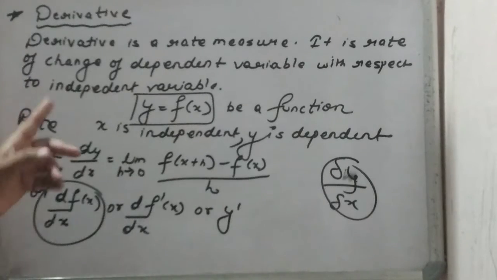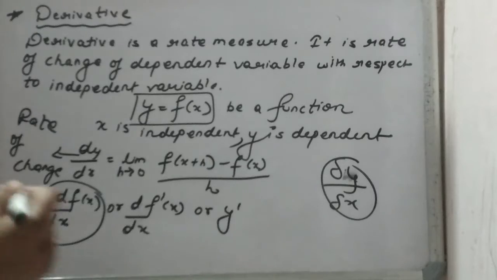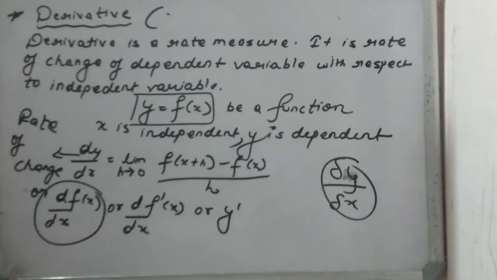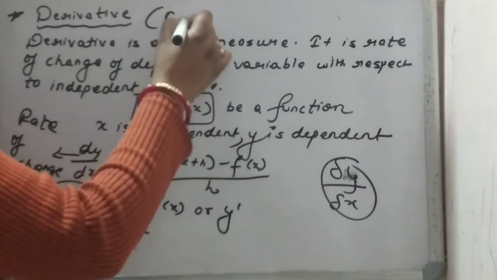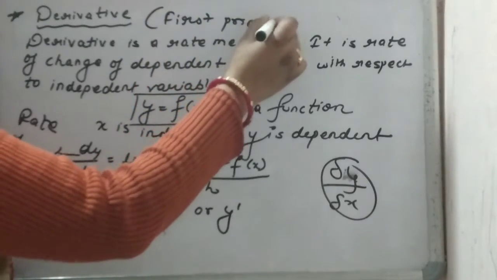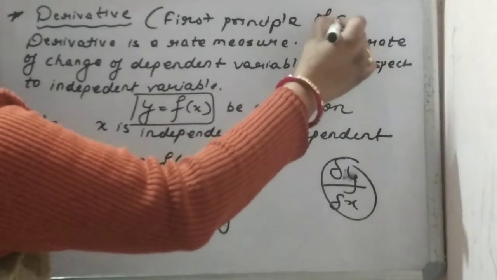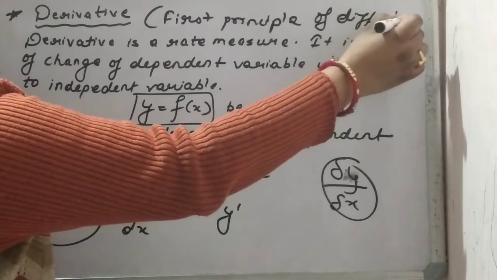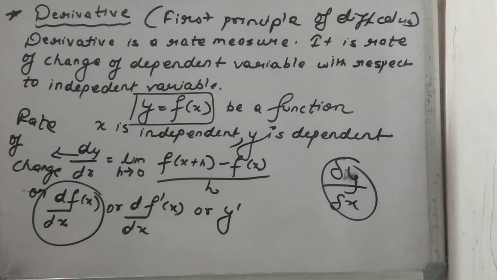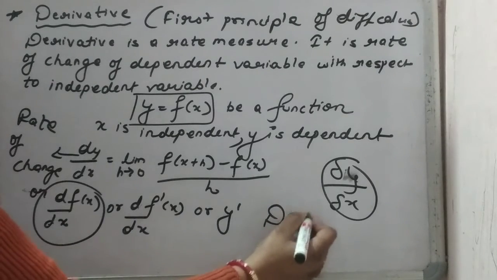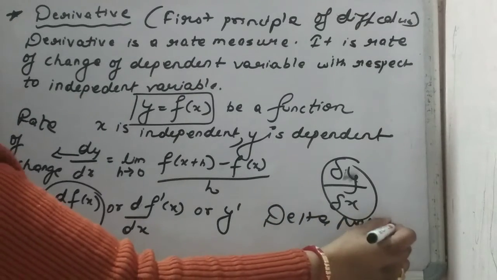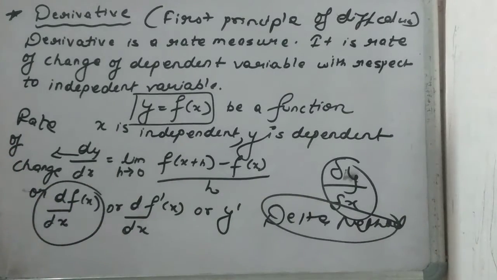This is called the first principle of differential calculus, and we can also say this is our delta method. So if any question comes in a competitive exam, you can easily give the answer. So this is our derivative, or we can say the first principle of the derivative.